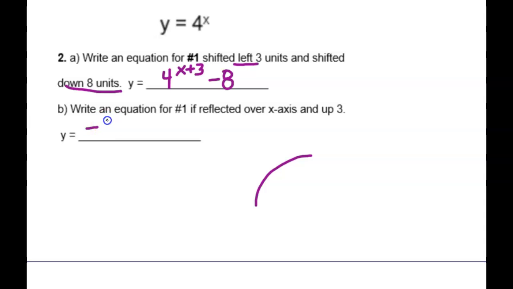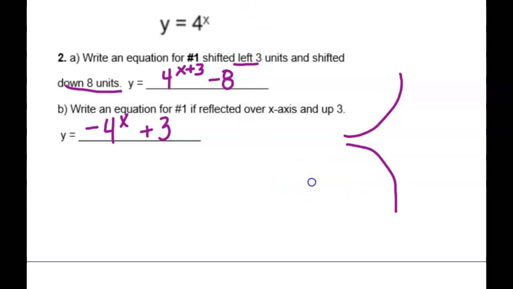So you'd have a negative 4 to the x, and then the up 3 would be on the back. Yes? You're right. I'm wrong. I had to draw the original one. Thanks.